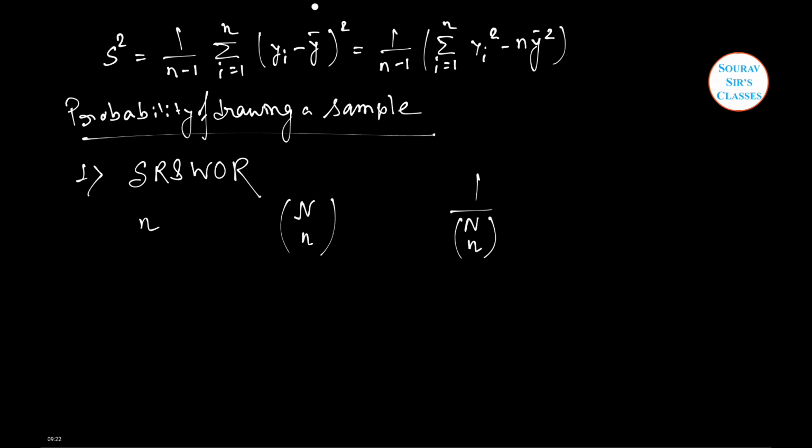A unit can be selected at any one of small n draws. Let ui be the ith unit in the sample. This unit can be selected in the sample either at the first draw, second draw, or nth draw. Let Pji denote the probability of selection of ui at the jth draw, where j equals 1, 2, ..., n.